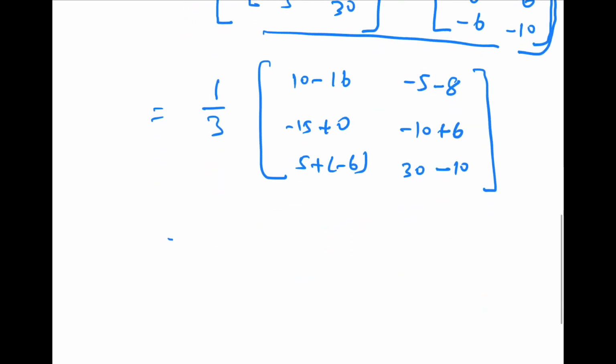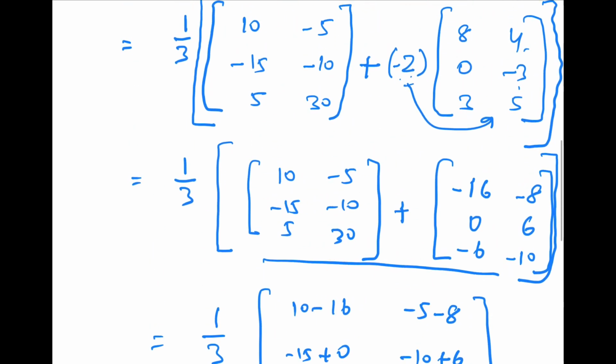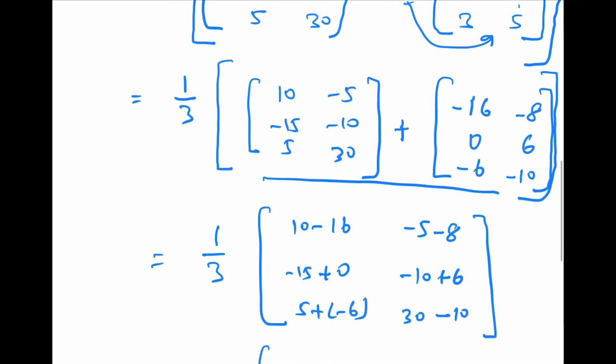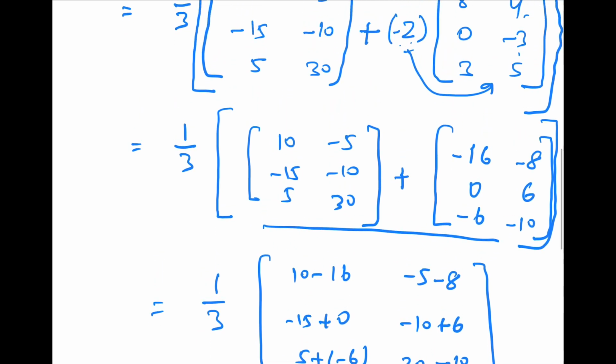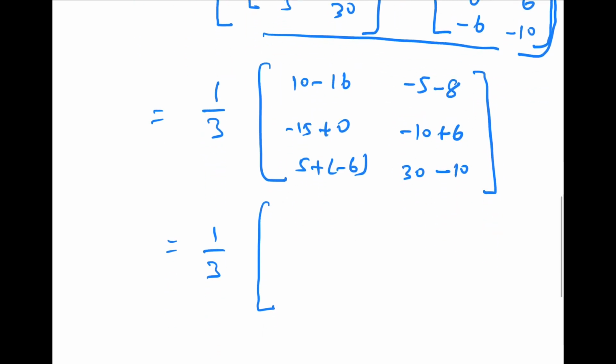So, we get equal to 1 by 3, 10 minus 16 is equal to minus 6, this is minus 15, 5 minus 6, minus 1, this is minus 13, minus 4 and 20.